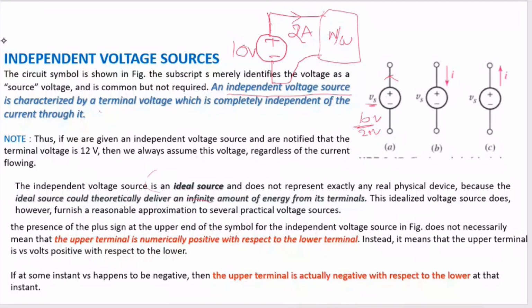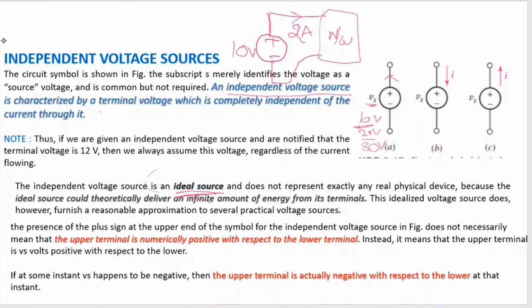So in this we have an ideal source. We define an ideal source. An ideal source is nothing but, as I told you, the amount of current is independent of the voltage source, which doesn't know how much current it is giving. But for every voltage source there is a limit for the current that is delivered.